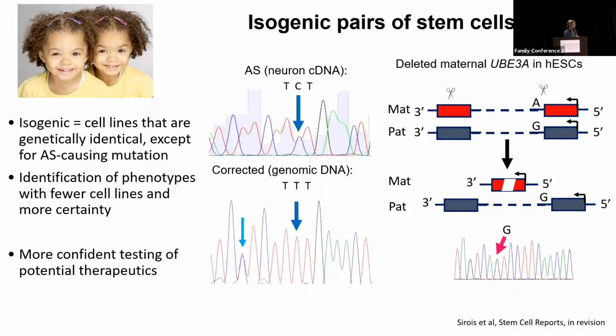We do this because, again, we can more easily identify the phenotypes and trust that they're really due to the disorder, trust that UBE3A caused them in this case. And then, down the road, this gives us more confident testing for potential therapeutics for the exact same reasons. We can be certain that it's restored the phenotype and not just due to genetic variation in that patient-derived cell line.